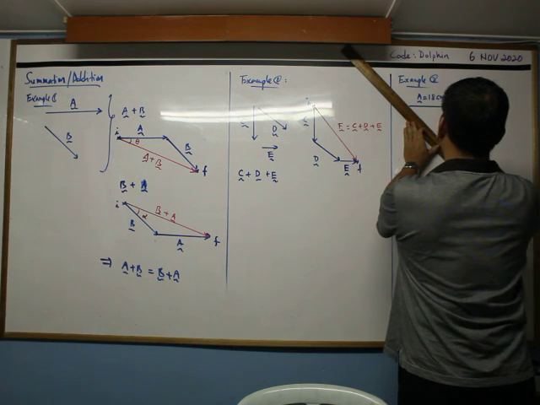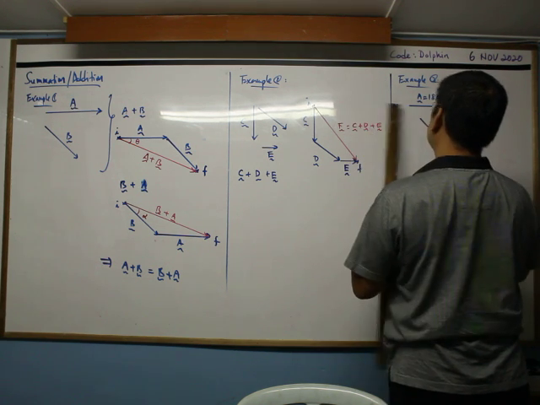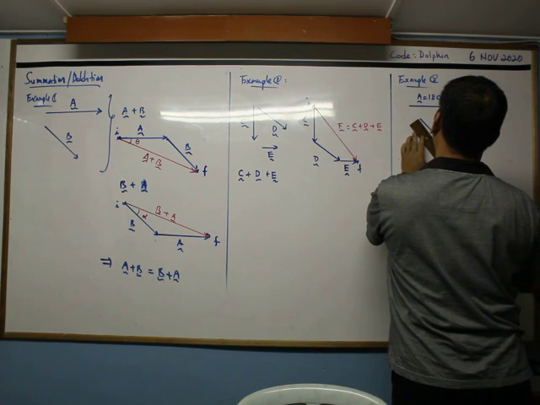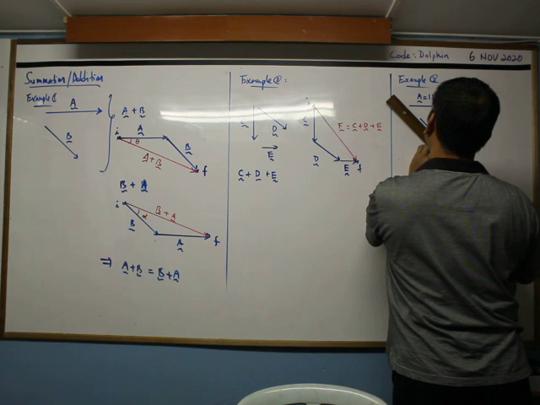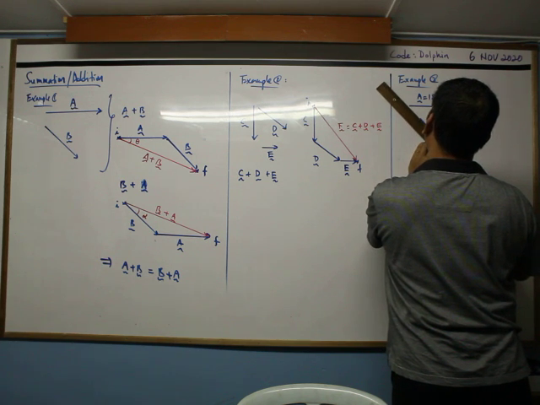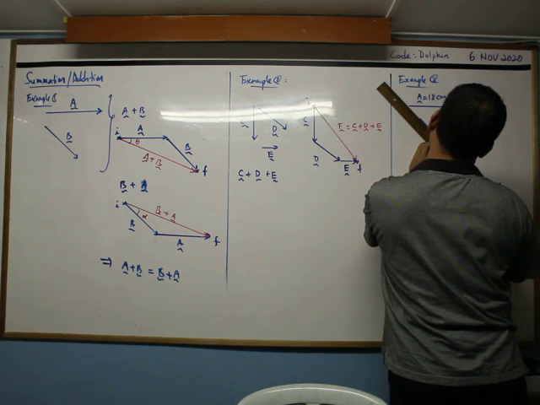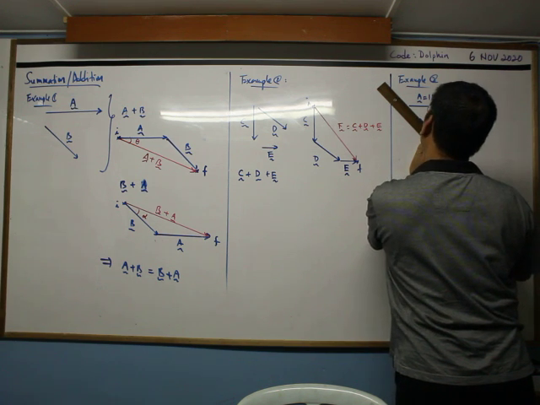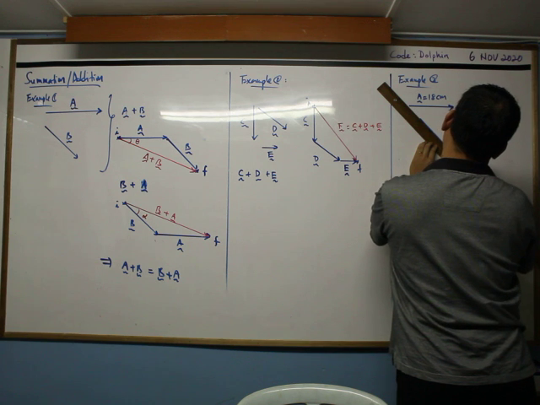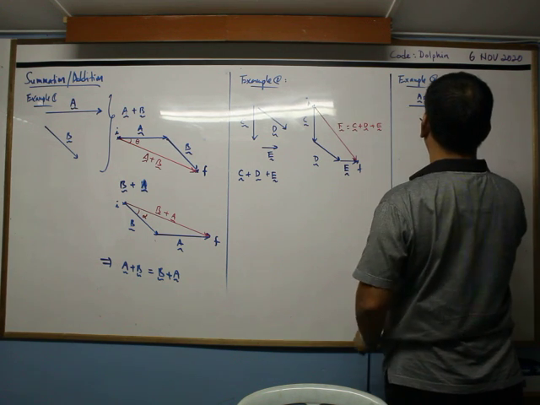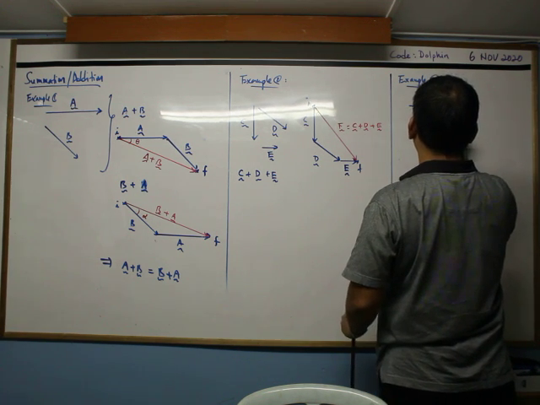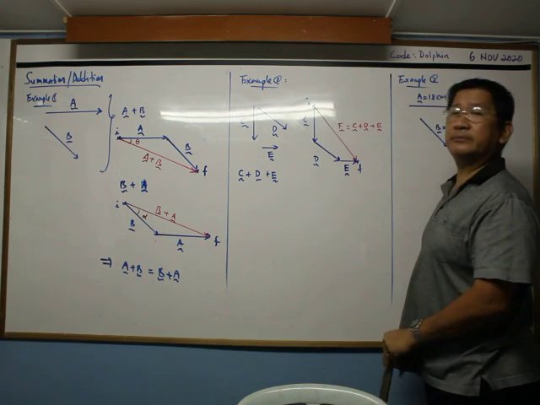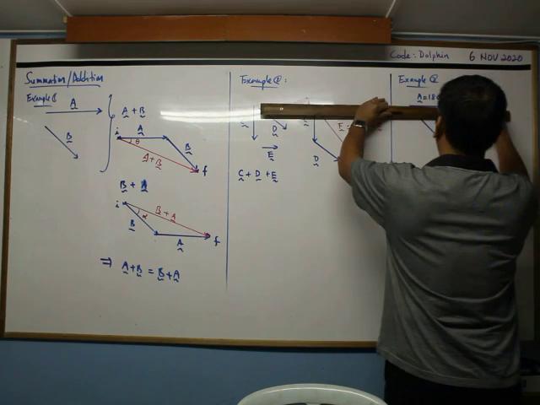How long is this vector here? 15. This is my vector B. That is a displacement of 15 centimeters, and I give you the angle here.